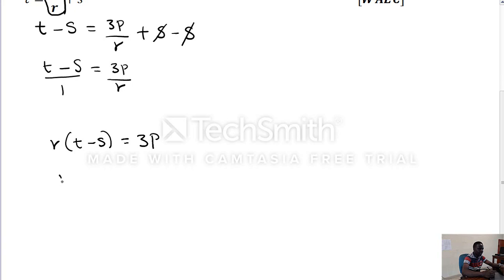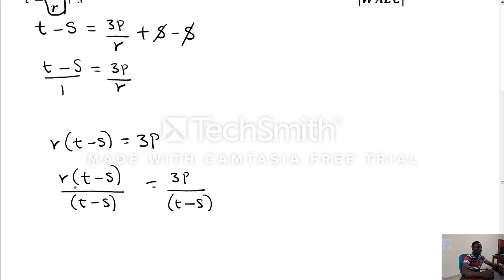That will be r into bracket t minus s divided by t minus s is equal to 3p divided by t minus s, of which t minus s will divide t minus s once, and that will be r is equal to 3p divided by t minus s as r.